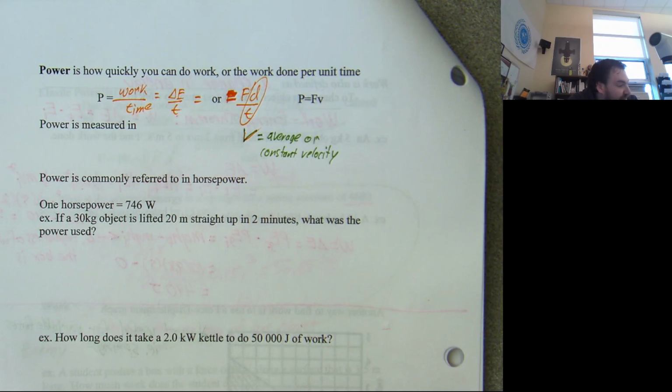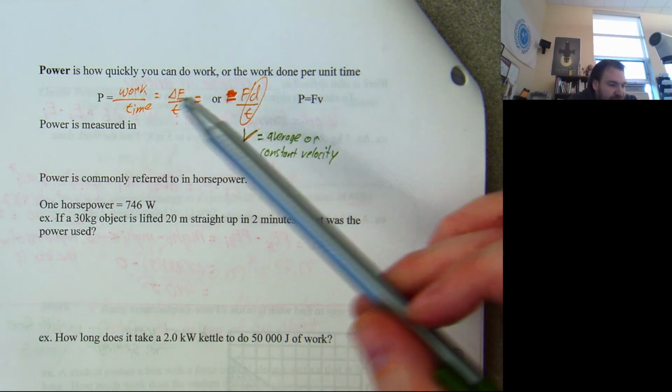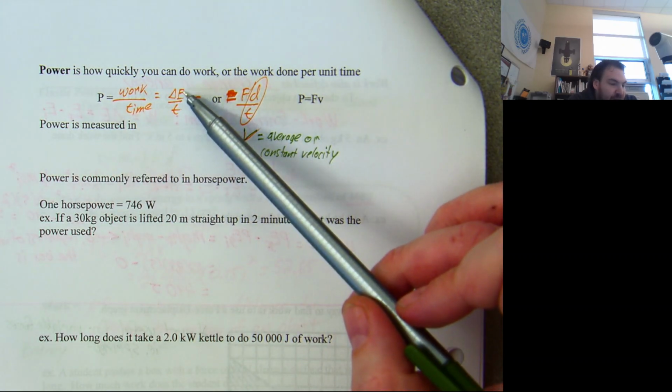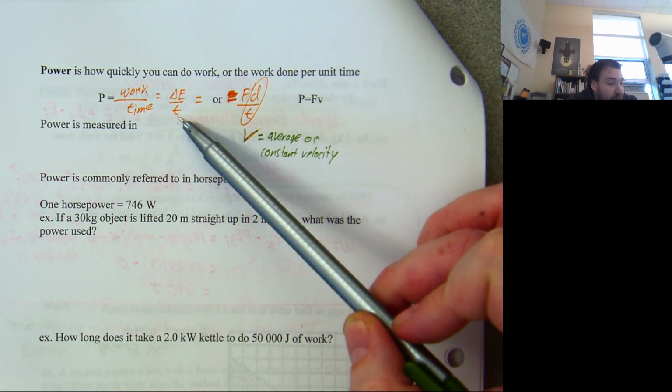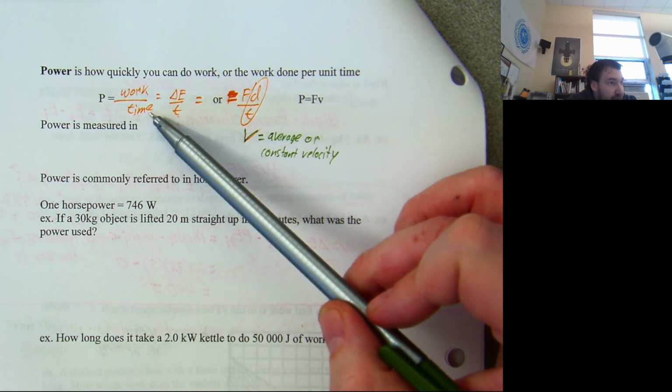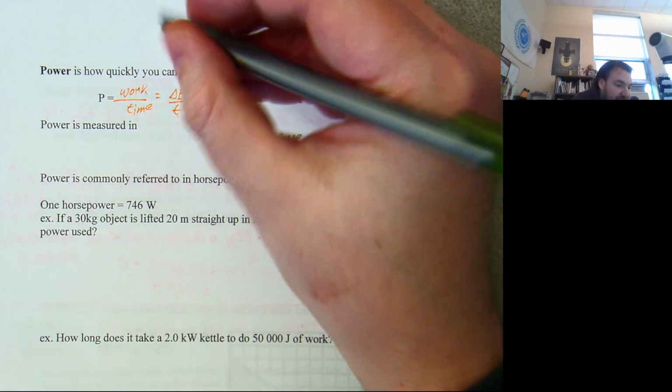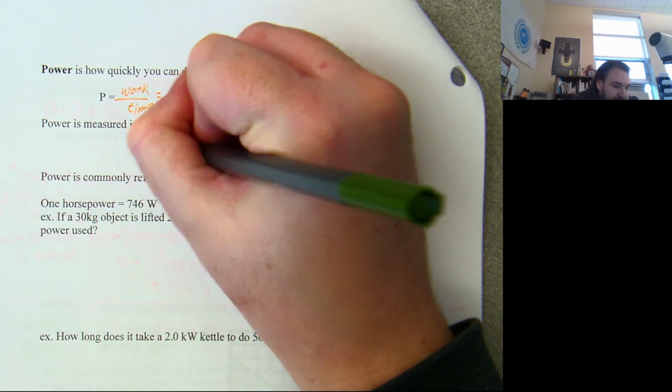So you've got a few ways now to measure power. Power is measured in, well, we have a couple units for it. If you're considering power as measured in change in energy divided by time, or even over here, work divided by time, this is a joule per second.